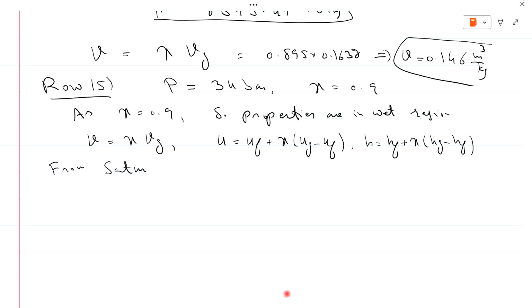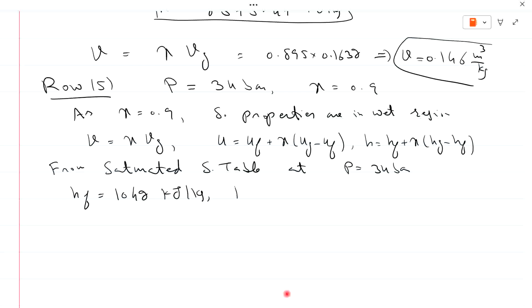From the saturated steam table at pressure equal to 34 bar, Hf is equal to 1042 kilojoule per kg. Hg is equal to 2803 kilojoule per kg.